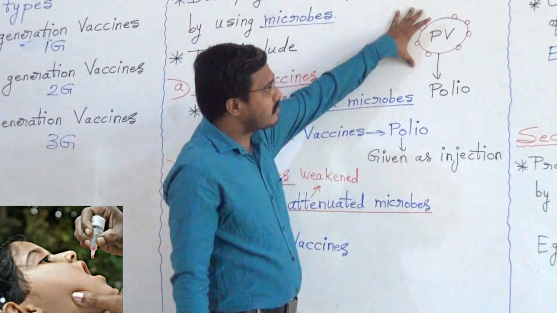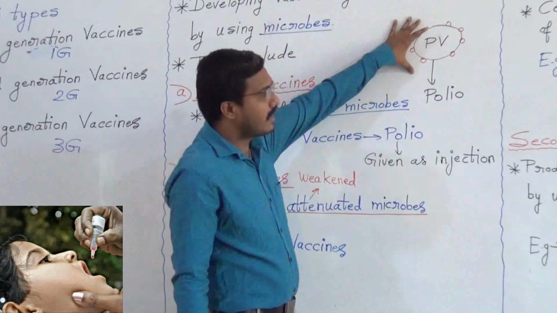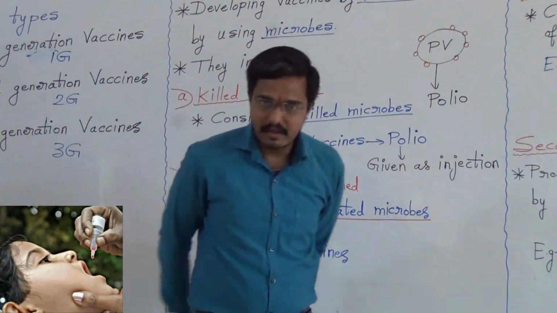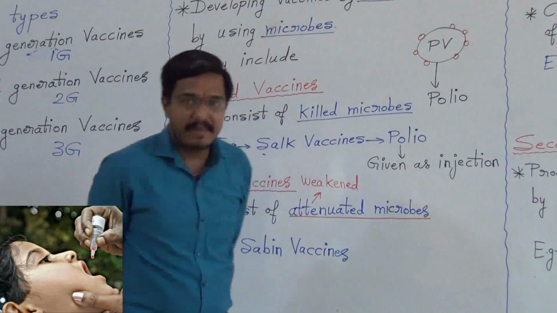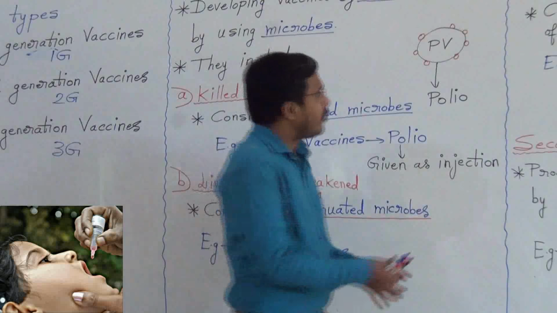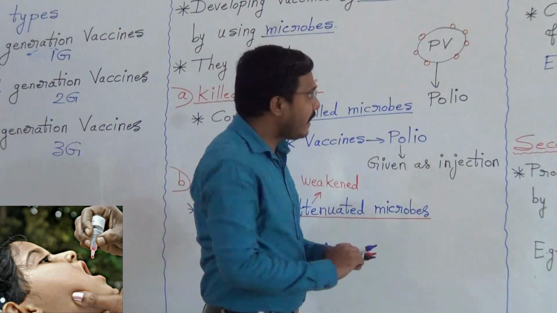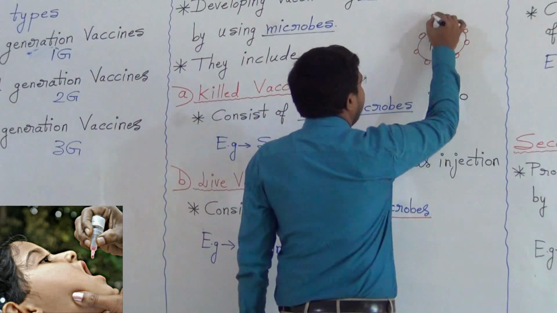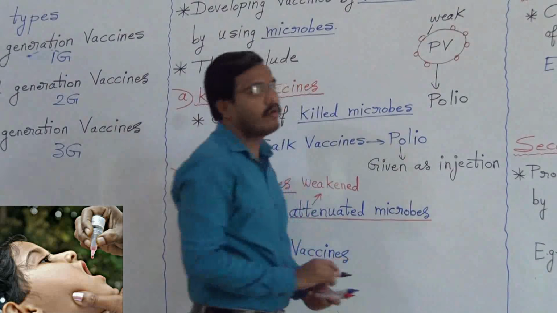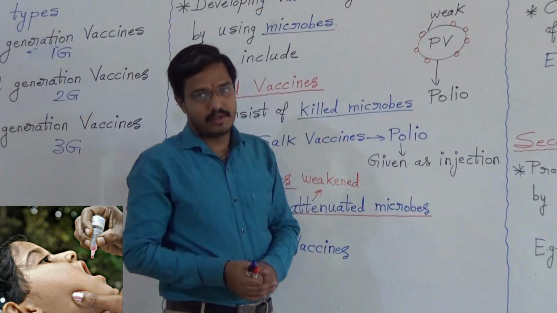Now you listen. Jonas Salk took the polio virus, killed it and used it as a vaccine. One more scientist came, whose name is Albert Sabin. He took this polio virus and made it weak. He attenuated the polio virus and then used it as a vaccine.